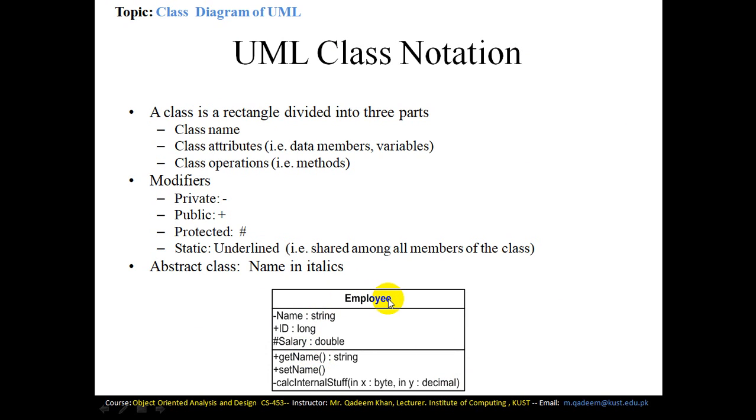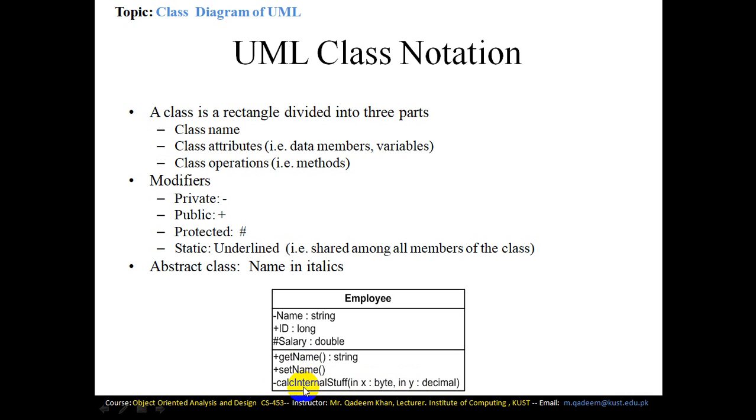For example, Employee is a class name, and name is an attribute which has the string data type. ID is another attribute and it is of long data type, and salary is another attribute and its data type is double. Similarly, getName is an operation, and setName is also an operation, and internalStaff is also an operation or method.